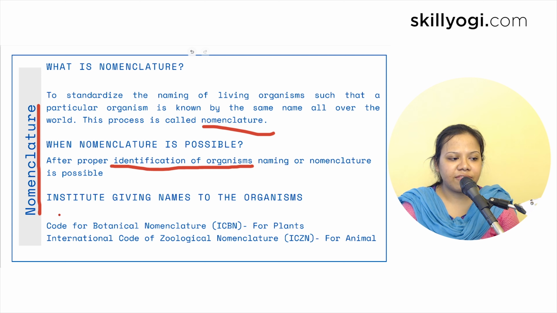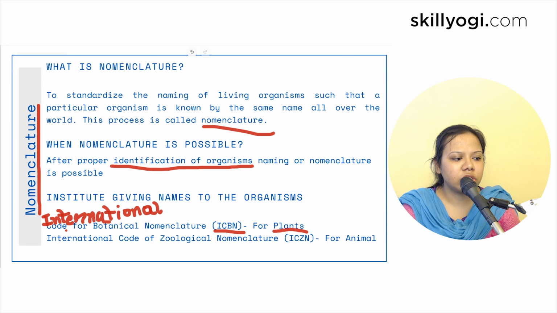There are different institutes which give names to organisms, that is ICBN. ICBN gives names to plants. The full form of ICBN is International Code for Botanical Nomenclature. It gives the names to the plant species.